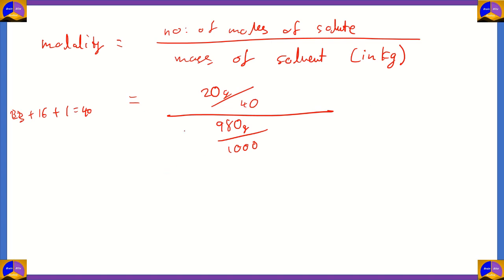So we are going to represent this fraction as 20 times 1,000 divided by 40 times 980.